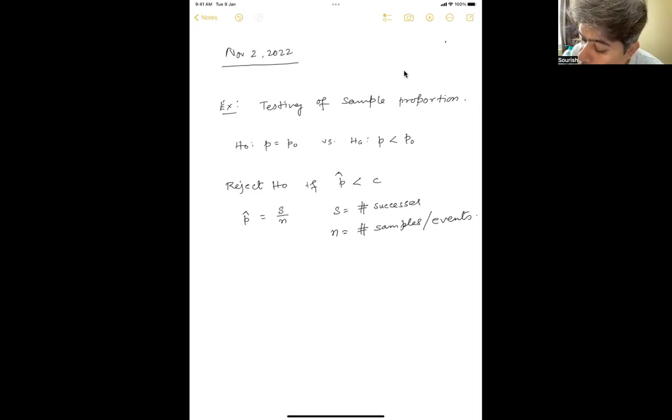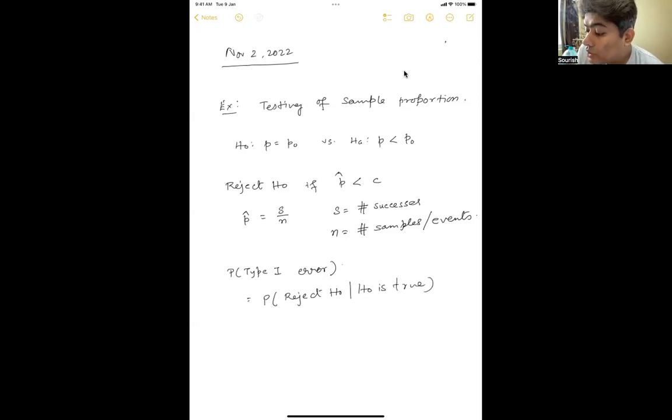One is the probability of type 1 error, which is the probability of rejecting H naught, given that H naught is true.